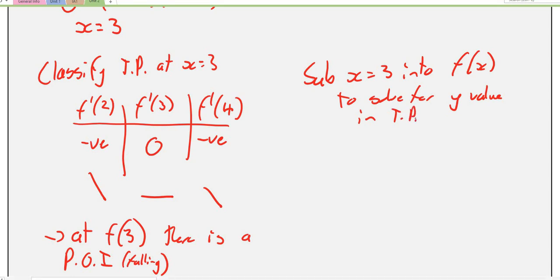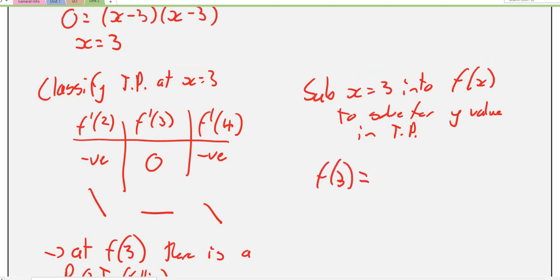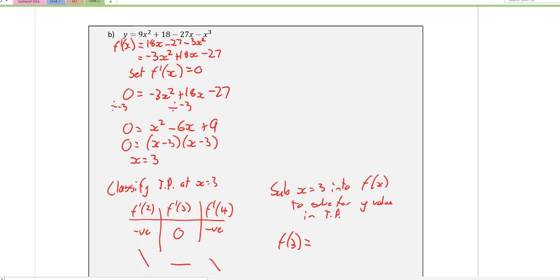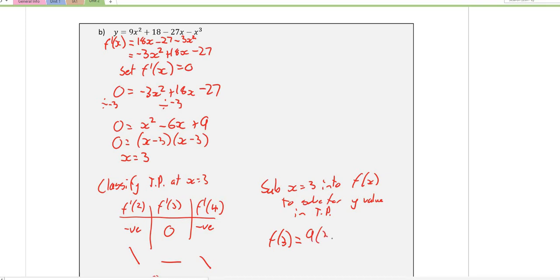I just did this on the calculator before, so I'm not going to write out the full working out, but f of 3 equals negative 9.